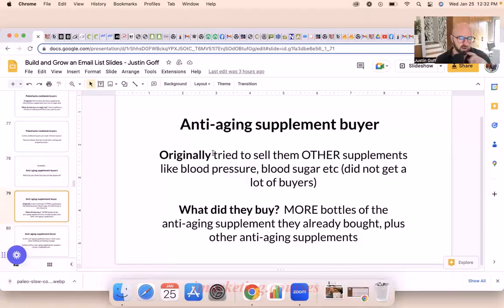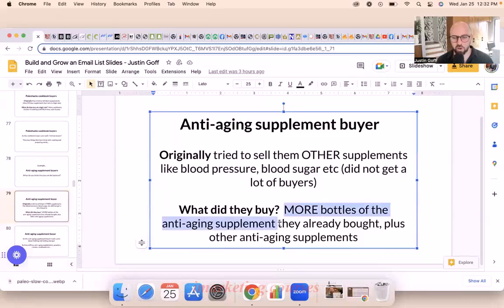So I can tell you, after having sold anti-aging supplements myself, originally we tried to sell them other supplements like blood pressure, blood sugar, all that type of stuff. We did not get a whole lot of buyers when we tried to do that. But what they did buy was more bottles of the anti-aging supplement that they already bought. They also bought other anti-aging supplements.